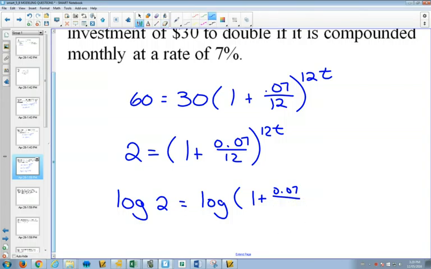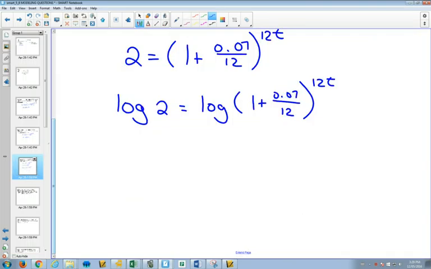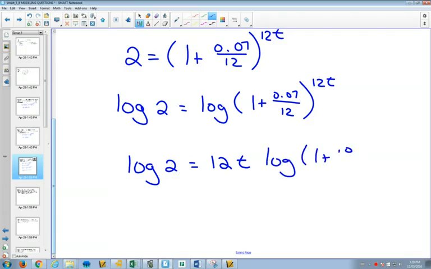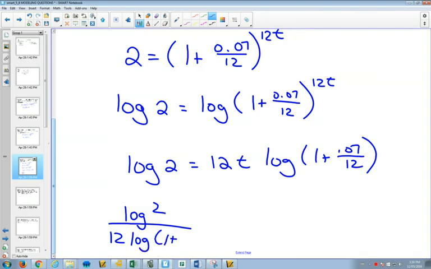And now we can use our log laws to bring that exponent out in front. How would I get t by itself? I'd have to divide by 12 and log of 1 plus 0.07 over 12.